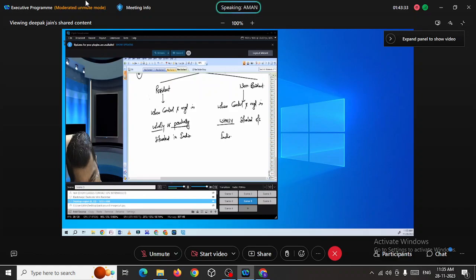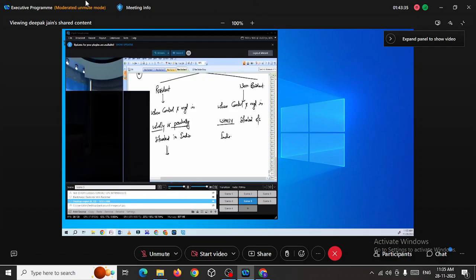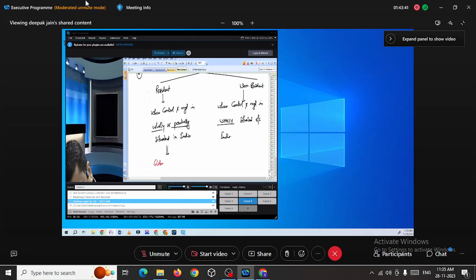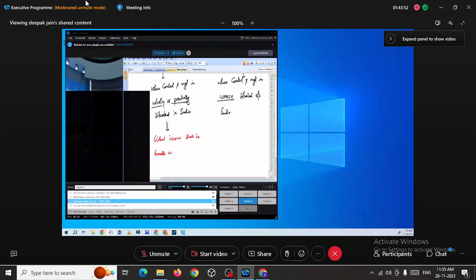If resident, then global income is taxable in India.